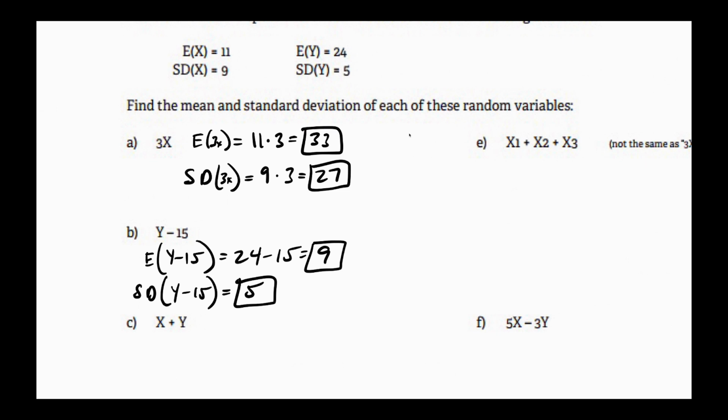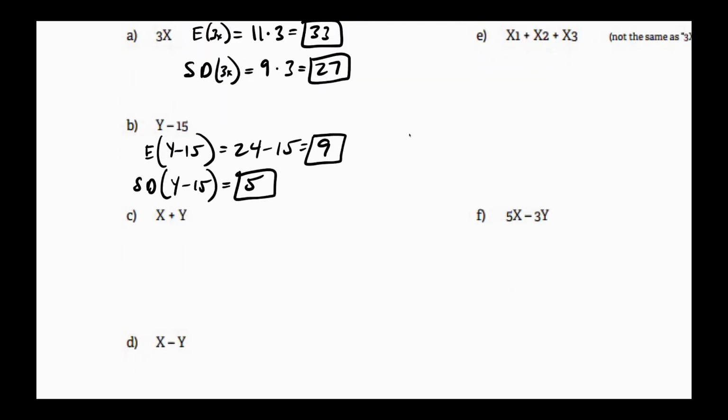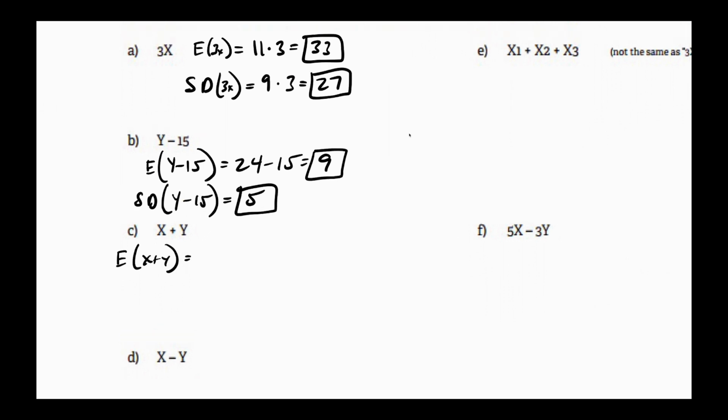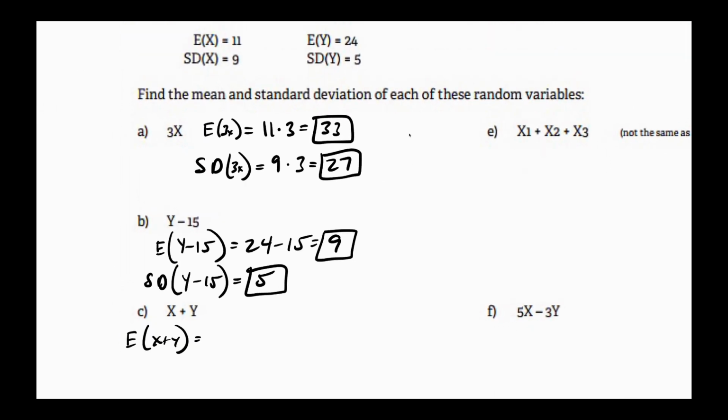Okay. Letter C, I'm just combining, kind of like we did with the hot dogs. If I'm combining them, I take the expected value from X and add it to the expected value for Y, and we get 35, just like I did for the hot dogs.